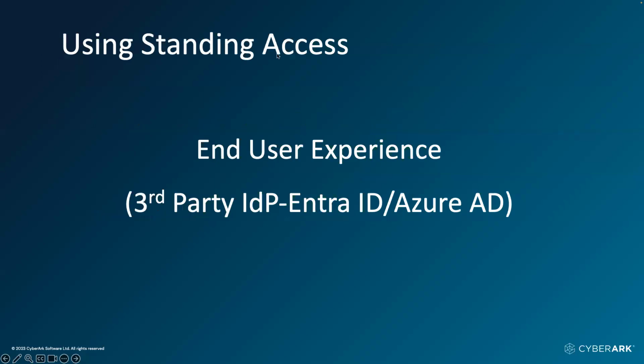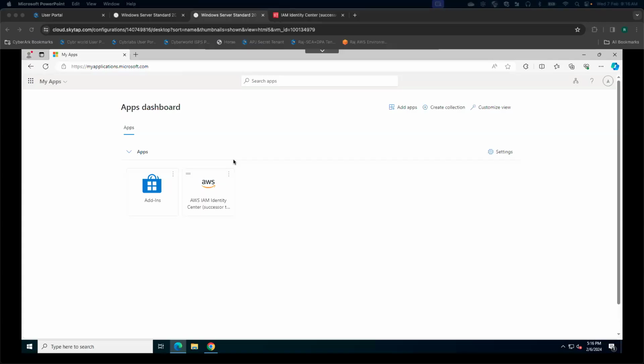So let's get started. For standing access, I'm using a third-party IDP for the integration with AWS IAM Identity Center. In my case, the IDP is Entra ID, formerly known as Azure AD. Let me go into my Microsoft Apps dashboard.